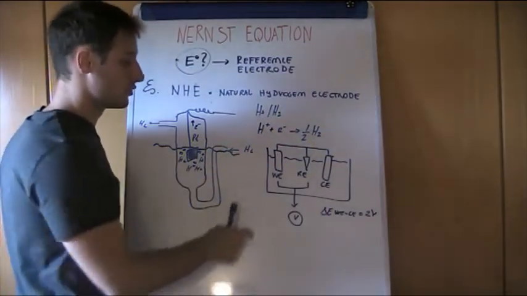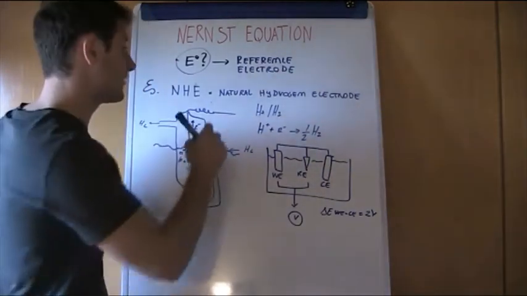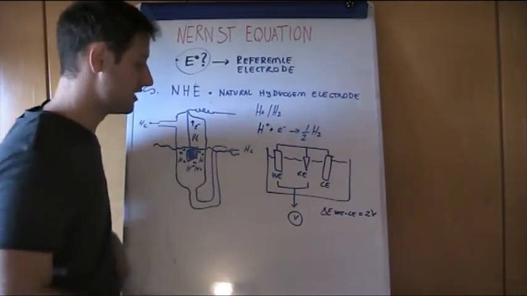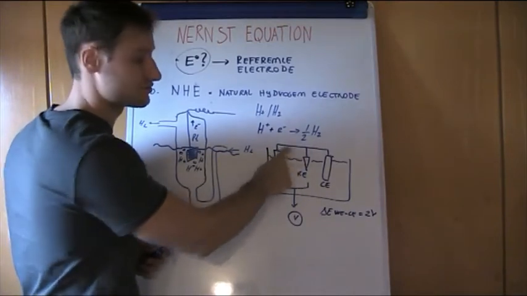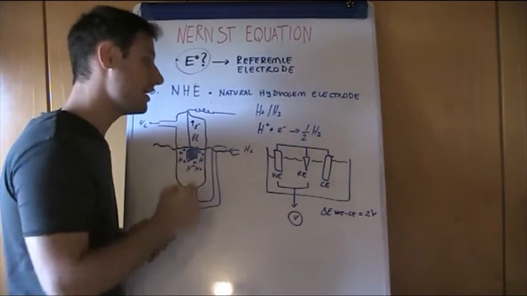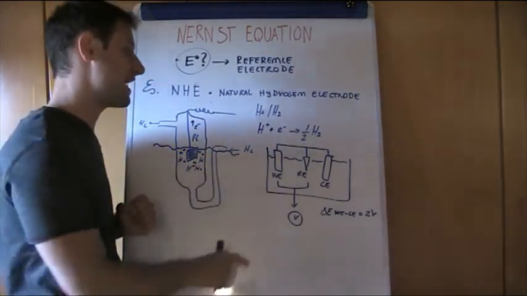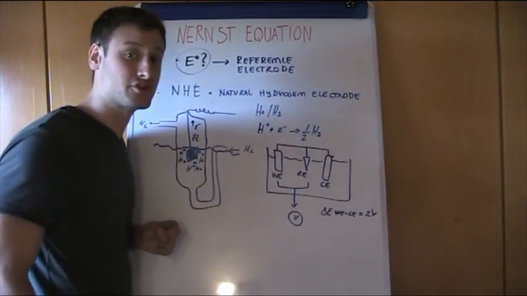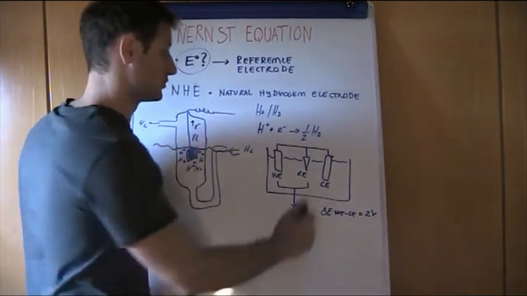But we want to know the potential of this electrode and the potential of this electrode. What a reference electrode allows us to do in a smart way is to measure the potential difference between the working electrode and the reference electrode. The potential difference can be measured, and we can assume that the reference electrode is characterized by a certain already known electrode potential.